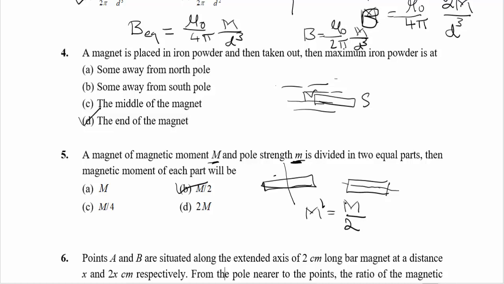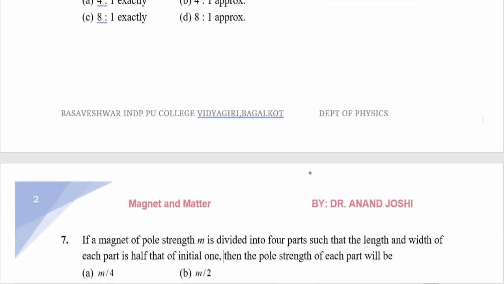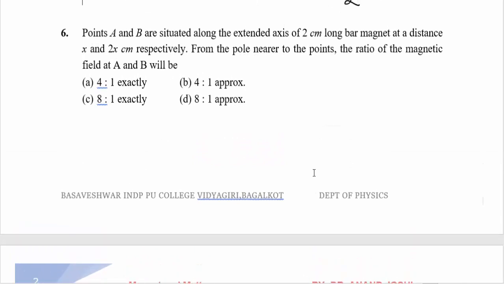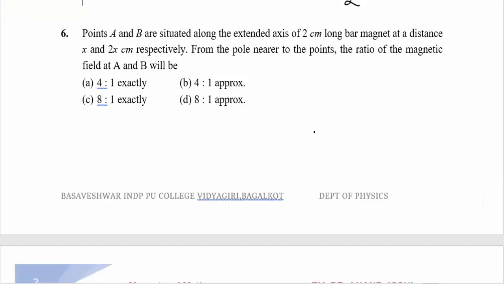Okay, next question. Two points A and B are situated along the axis of a 2 centimeter long bar magnet at distances x and 2x centimeter respectively from the pole nearer to the points.